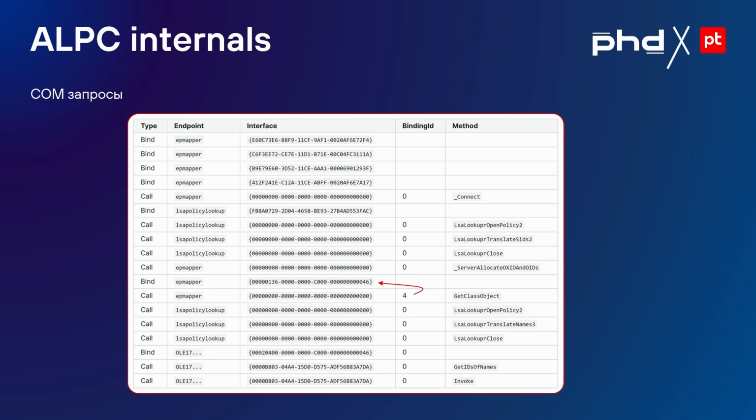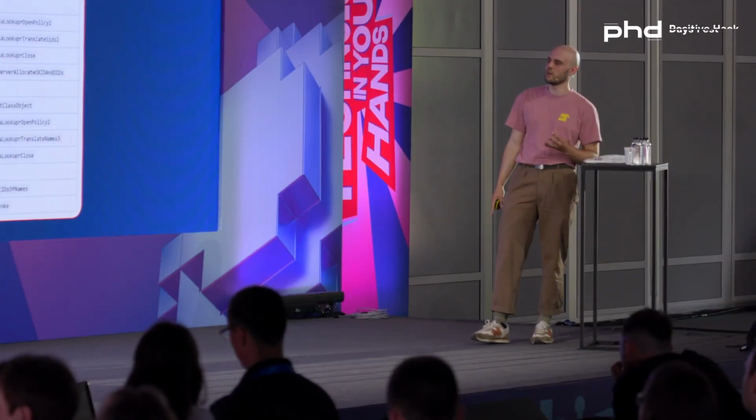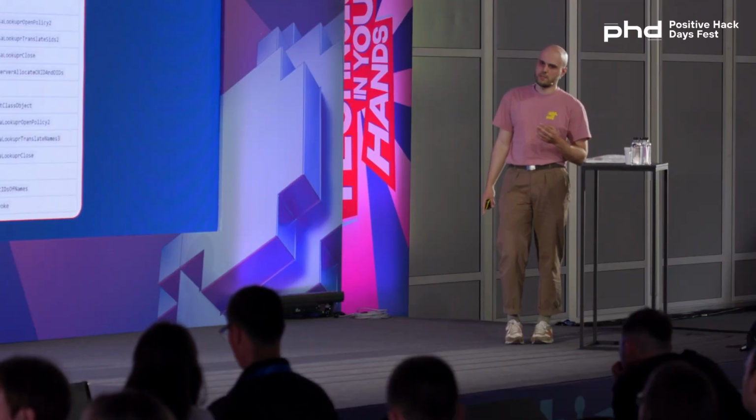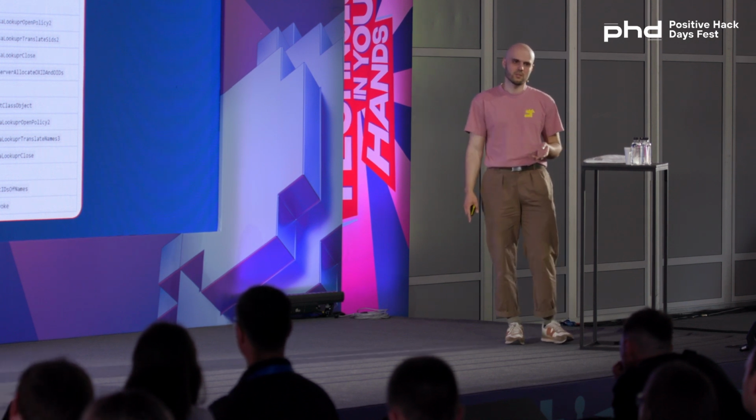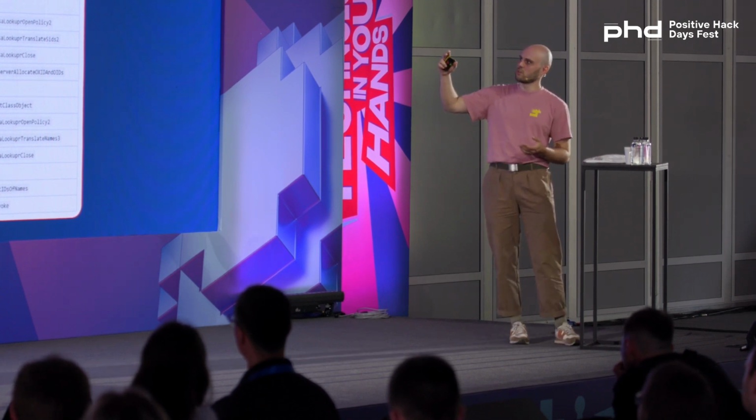And what I want to mention here is the binding ID role. I mentioned it earlier, based on the endpoint mapper. You can see that the client gets connected to 4 interfaces of the endpoint mapper, and the binding ID is the number that's incremented when the client gets connected to one of the interfaces.